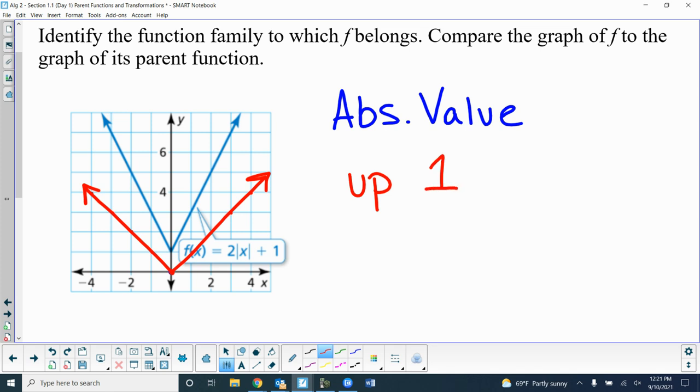What else does it look like happened? It got a little thinner or skinnier or narrower, right? So what changed on the blue lines? What changed? Well, the slope, yeah.